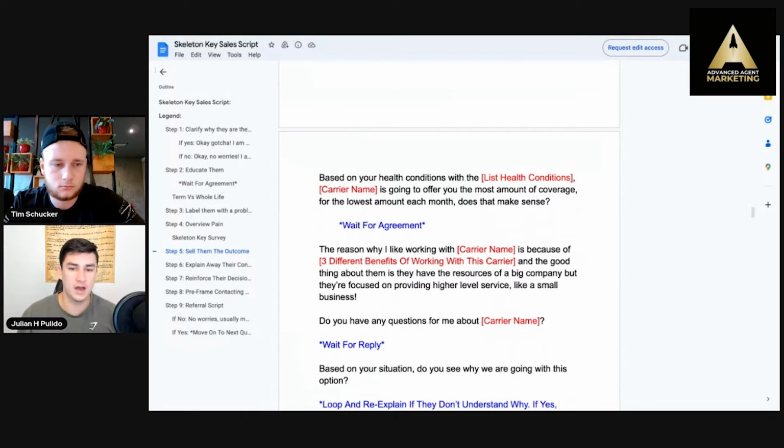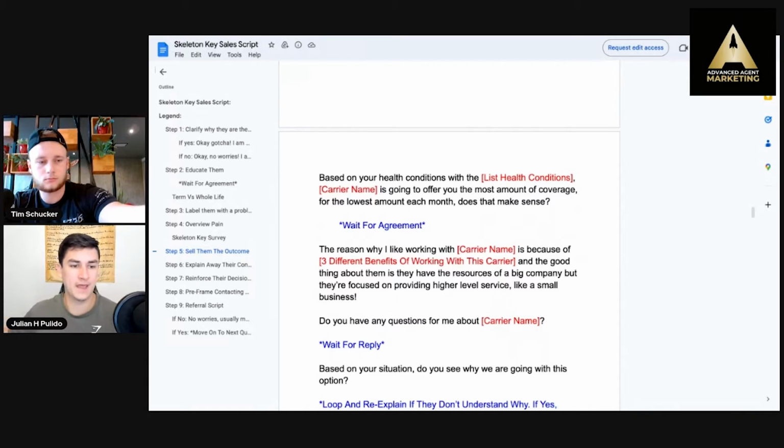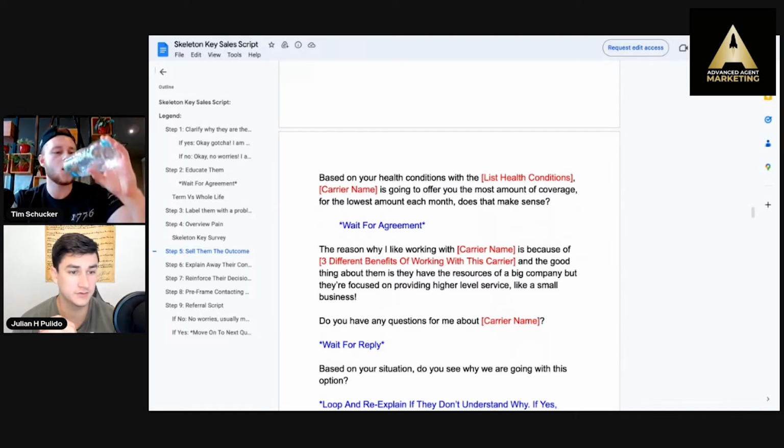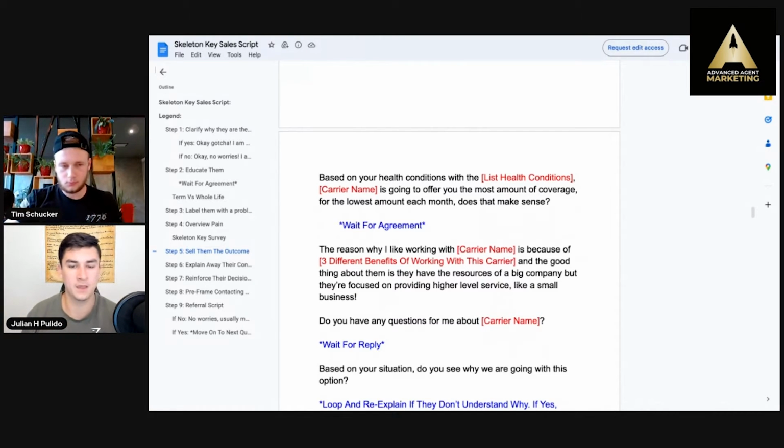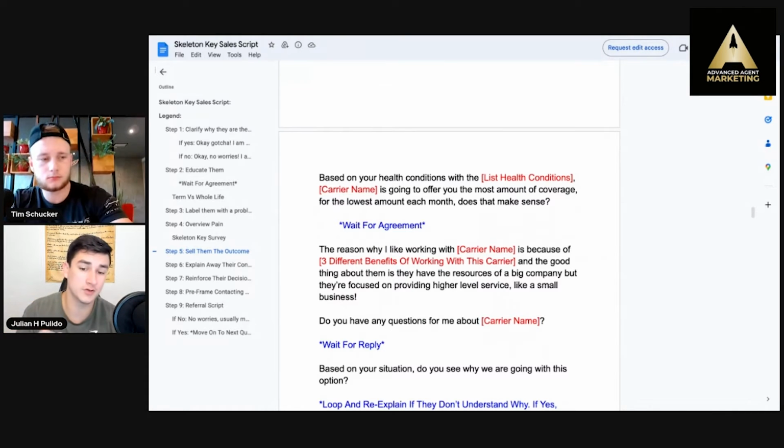On top of that, they offer miscellaneous discounts on things like dental, vision, or general basic legal services, like a seatbelt ticket or something. And that's just because they're a fraternal society, so they're focused on not making profit, but on benefiting the member. The good thing is that they have the resources of a big company, but they're focused on providing higher level service like a small business.